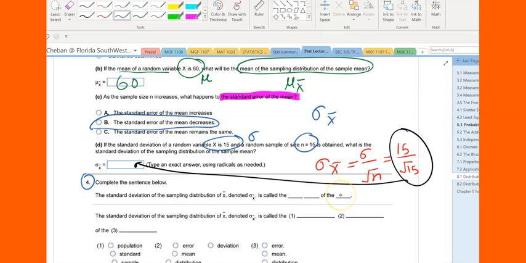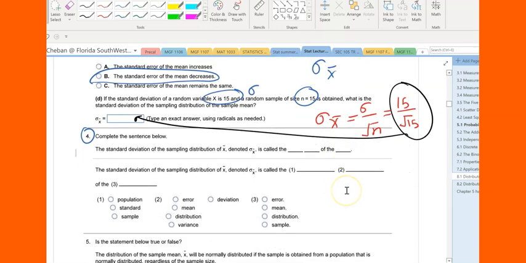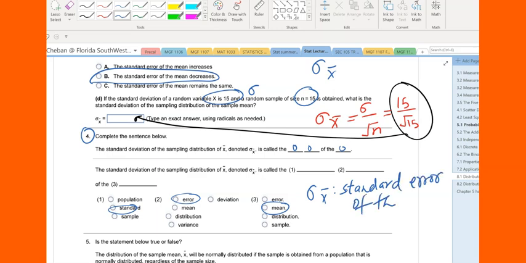Here you choose standard error of the mean. Again, sigma x bar is called the standard error of the mean. Okay, that's the answer.